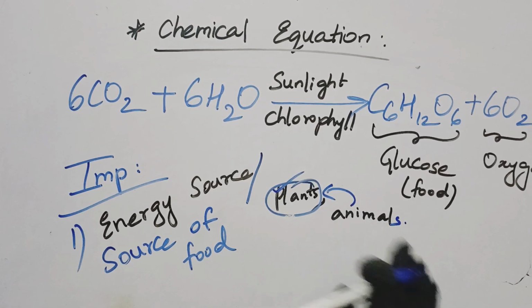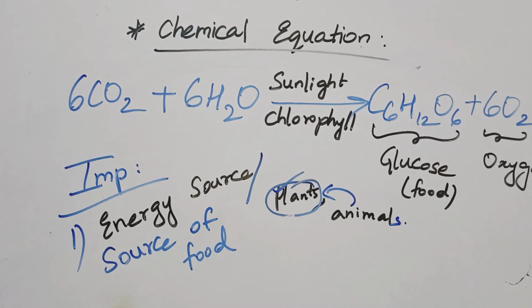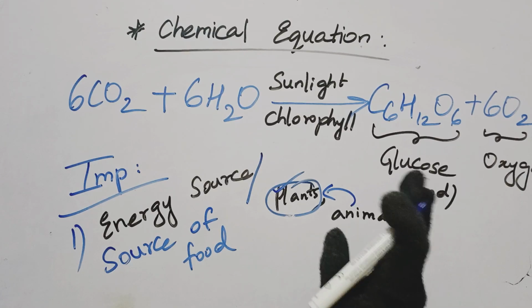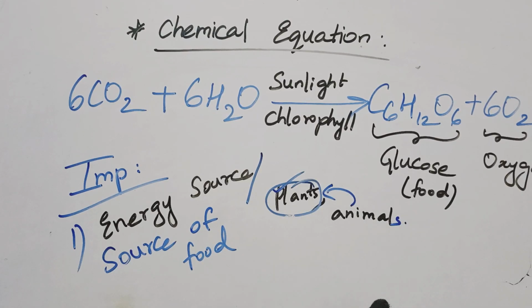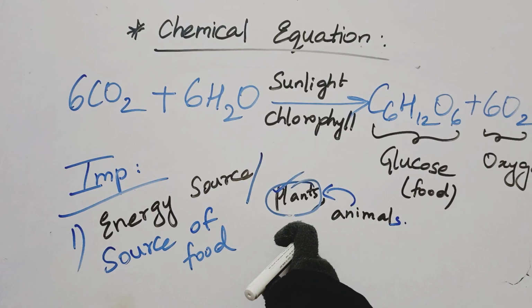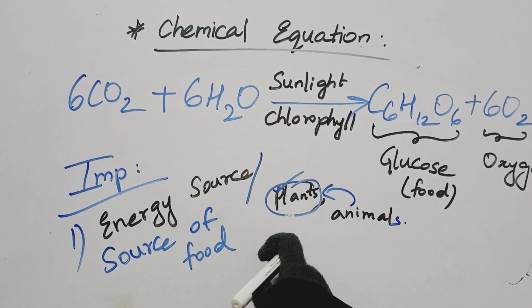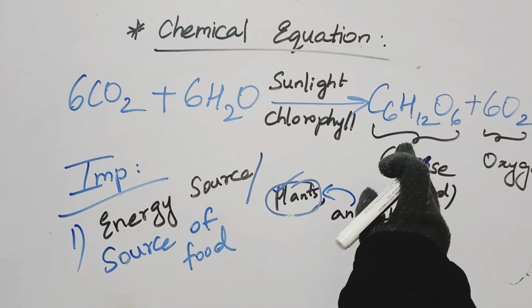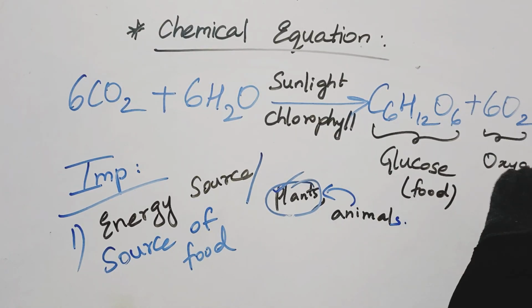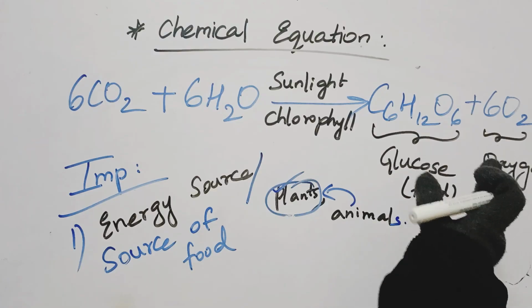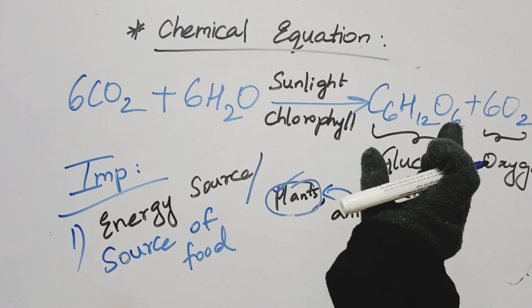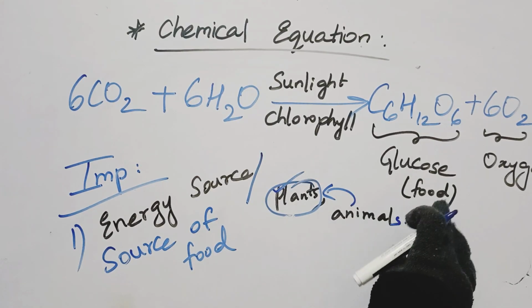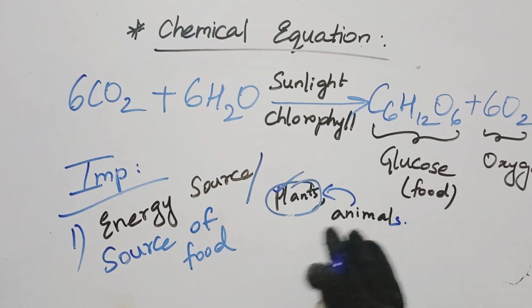So directly or indirectly, plants are the ultimate producers, and we are dependent upon plants. If plants do this process of photosynthesis, then only they will be able to prepare food, and then only they will be able to produce oxygen. As they prepare their food, they will survive only if they have food. Without food, can they survive?